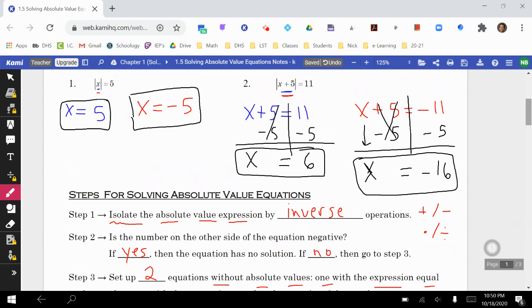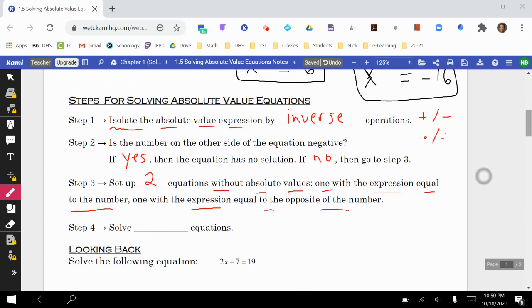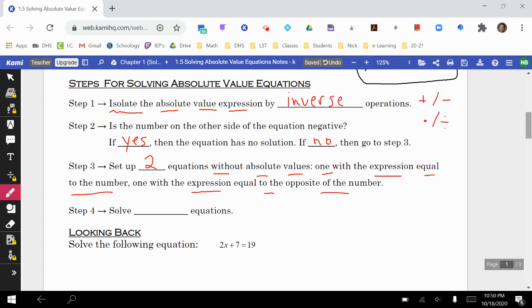So that's what we did up here. We said one equation was equal to 11, and the other equation was equal to negative 11. And then our final step, as always, is to solve both equations, again by doing that inverse operation and by isolating the variable.